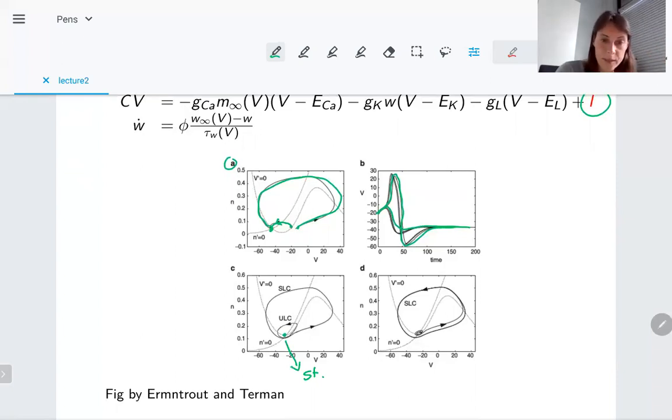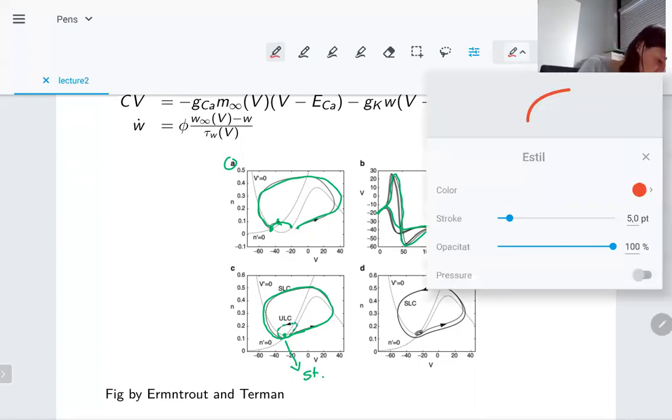But then there appears an unstable limit cycle here, and then a stable limit cycle outside. So we have these 3 invariant objects: the equilibrium point, which is stable, the unstable limit cycle, and a stable limit cycle outside surrounding them. And the trajectories do like this.